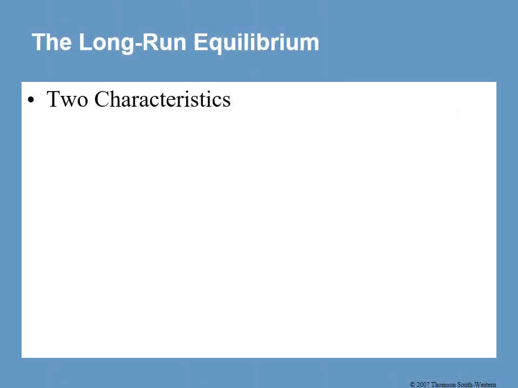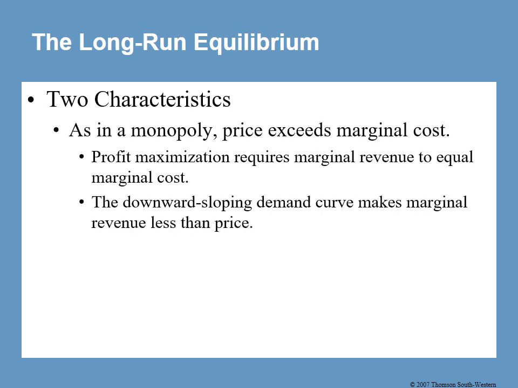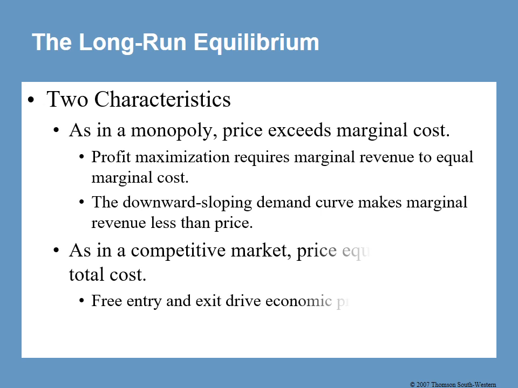So two quick characteristics about that. As in a monopoly, price exceeds marginal cost. So the profit maximizing requires marginal revenue to equal marginal cost. We've talked about that many, many times. The downward sloping demand curve makes marginal revenue less than the price, just like in a monopoly.